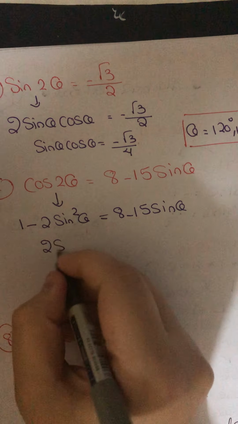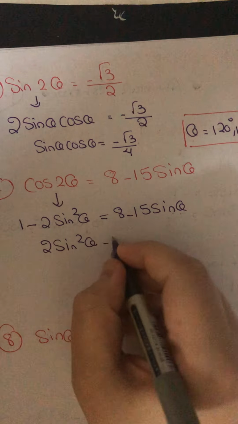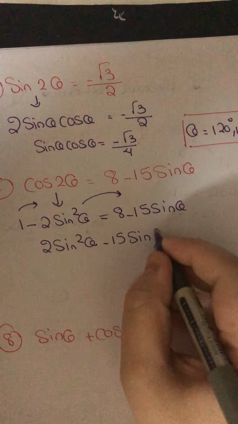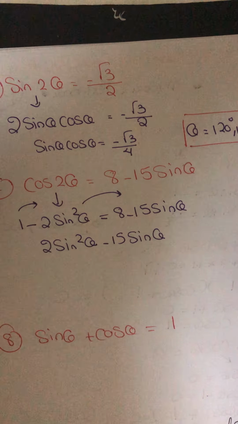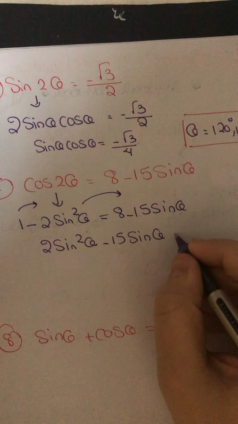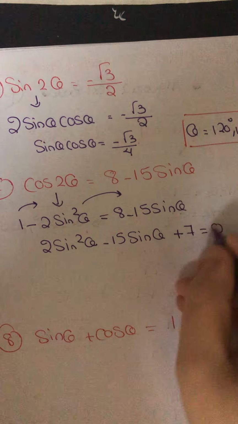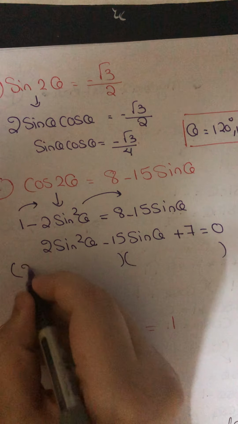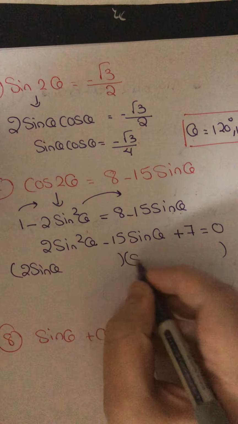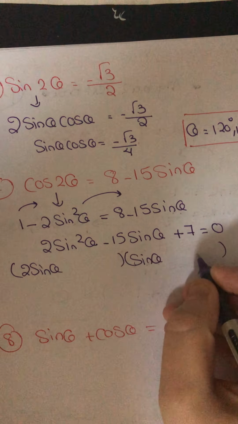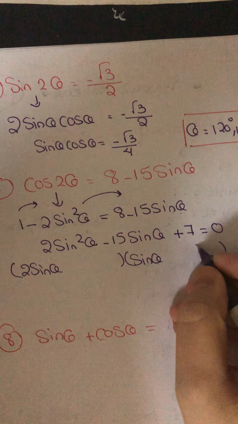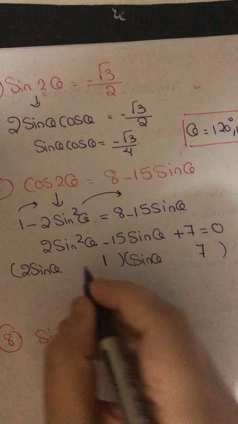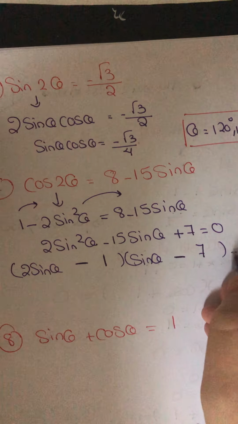I will have 2 sine squared theta minus 15 sine theta, so I'll take this to the right and this to the right and change their signs. So it's going to be 8 minus 1, which is 7, plus 7 equals 0. Looks like it's factorable. I will take this and write 2 sine theta, sine theta. Probably I'll put the 7 here to get a 14, and I'll put a 1 here to get the 15. And because this is positive and this is negative, both of them have to be negative.